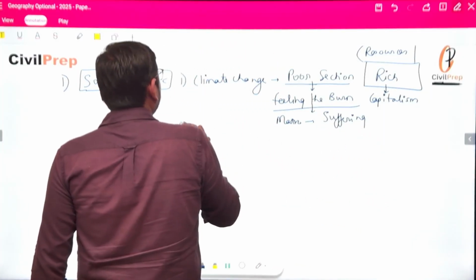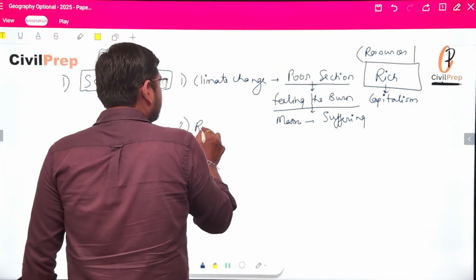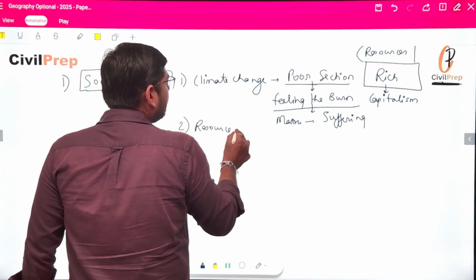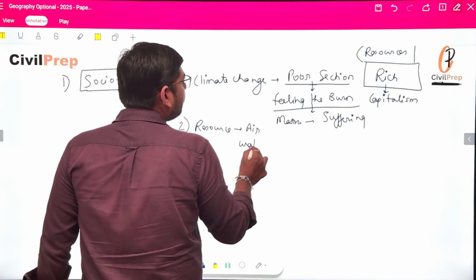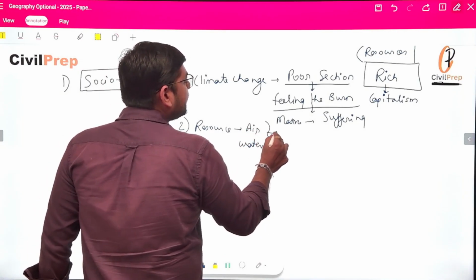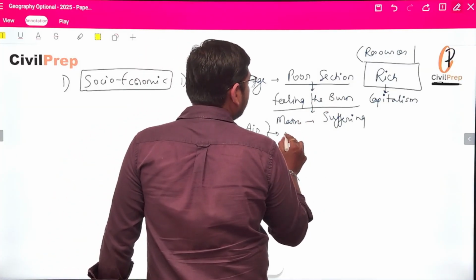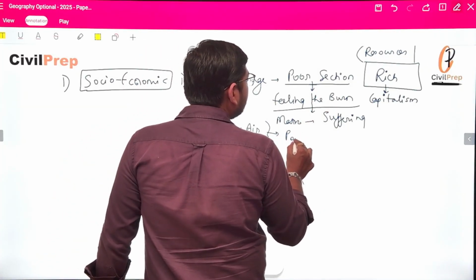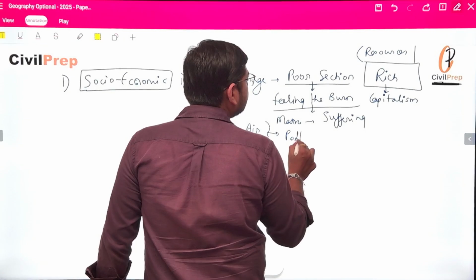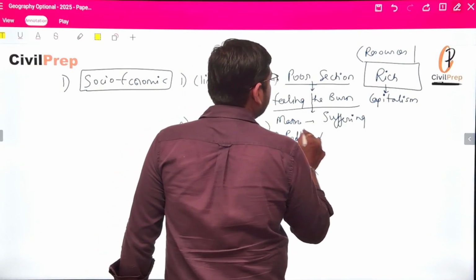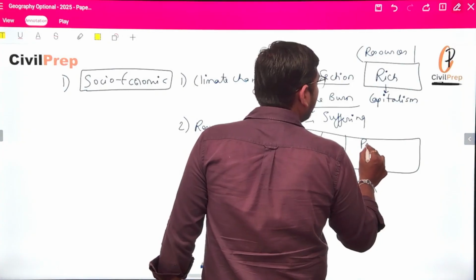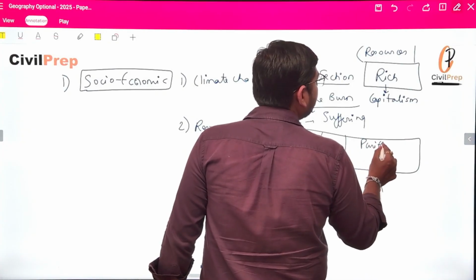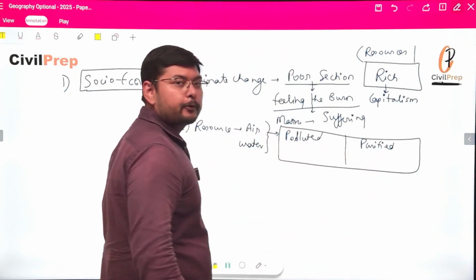Similarly, with respect to resources like air and water, here we see that the poor section are getting polluted air or polluted water, but the rich are getting purified air and purified water.